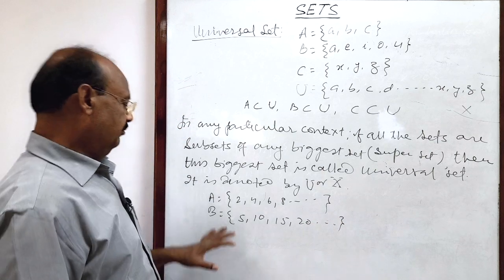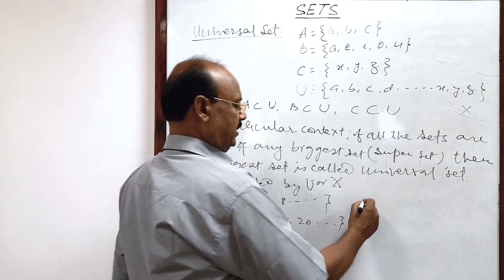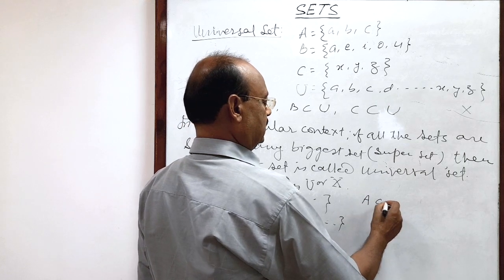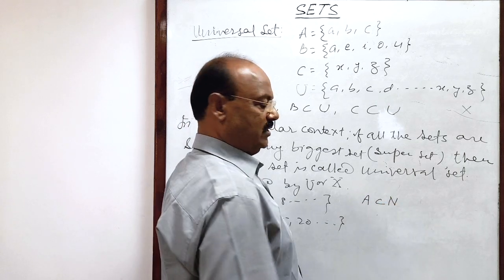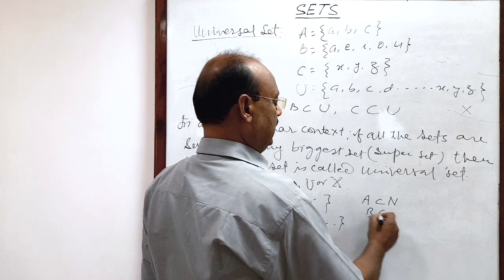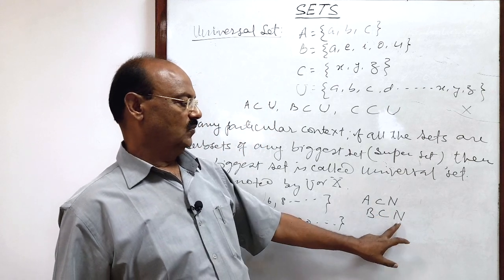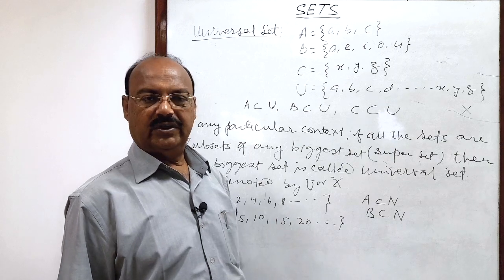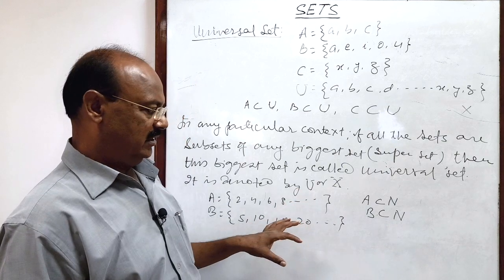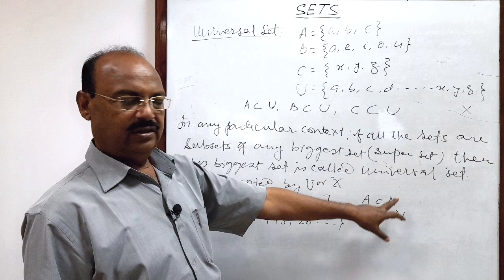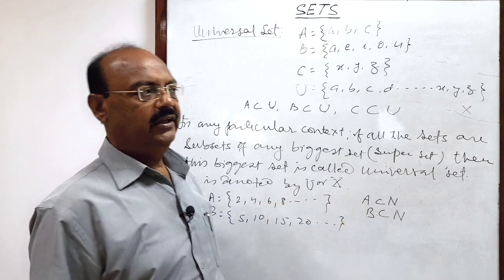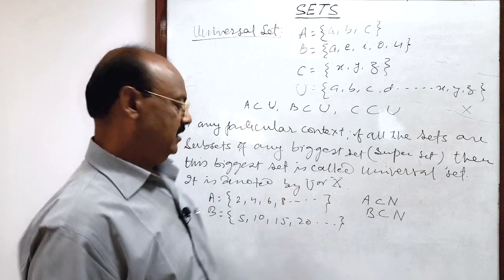Here we find that this set A is a subset of set of natural numbers, as well as set B is a subset of set of natural numbers. So in this particular case, this set of natural numbers N is called universal set.